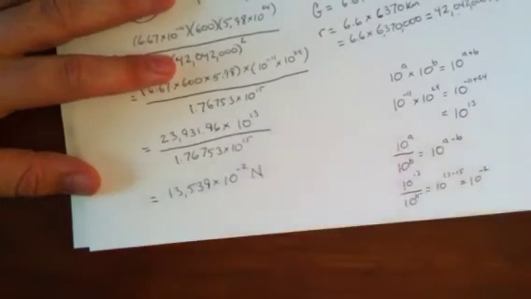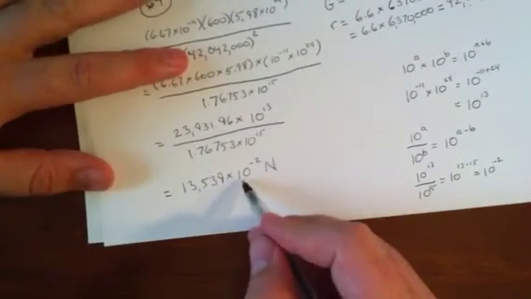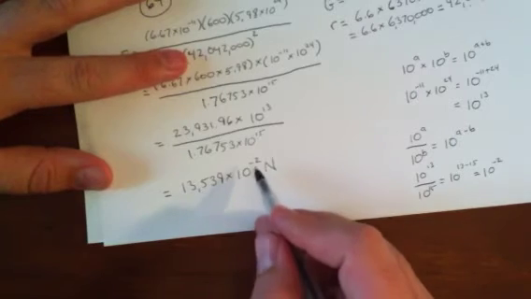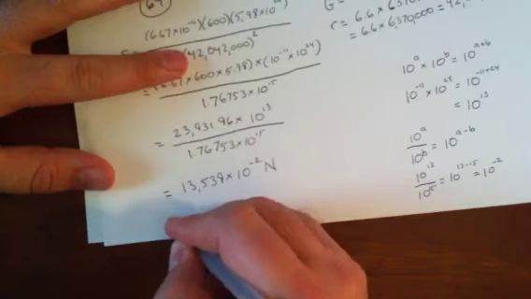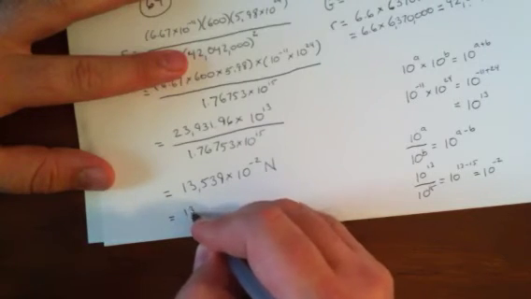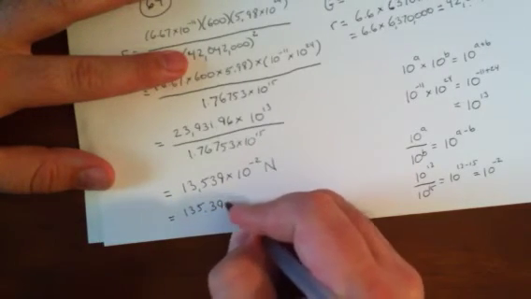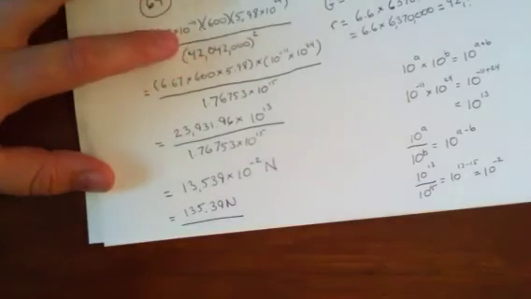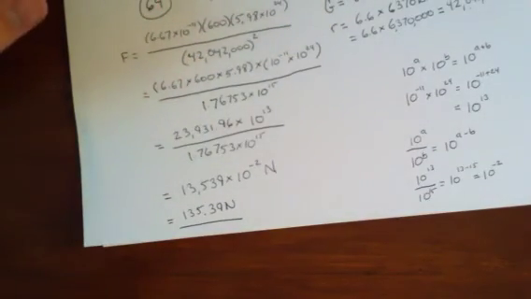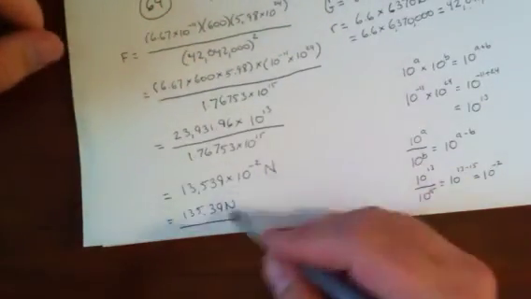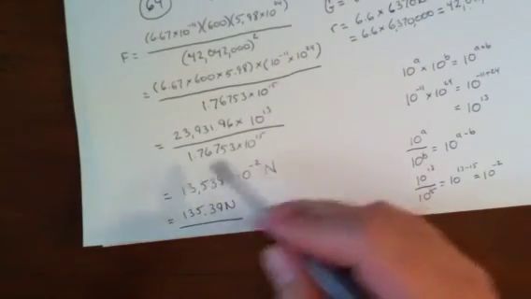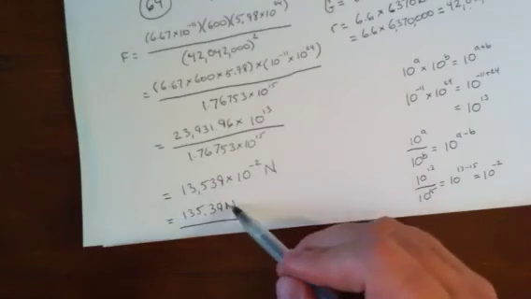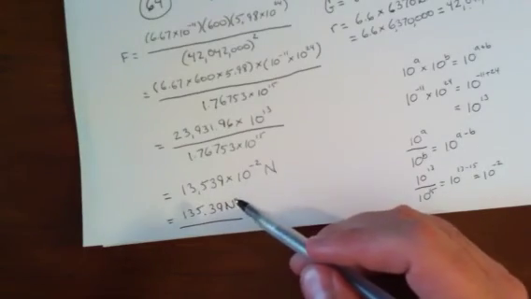And you can either leave your answer like that, or if you know how to do scientific notation, 10 to the negative 2 just means you move the decimal place 2 places to the left, and you end up with that as your answer. Alright? And again, I would have taken either one of these. I don't expect you to know scientific notation. So if you just left it in this form, I would have accepted it. Or if you put it in this form, I would accept it.